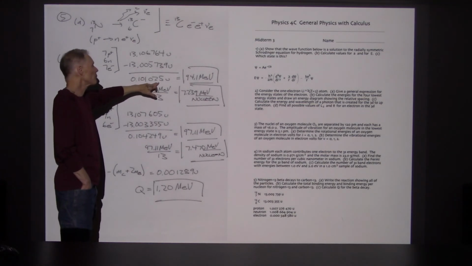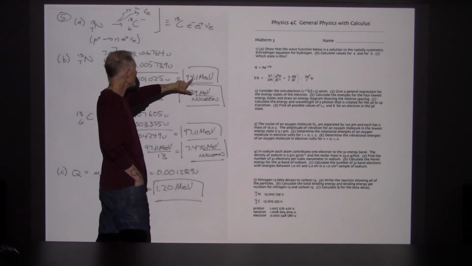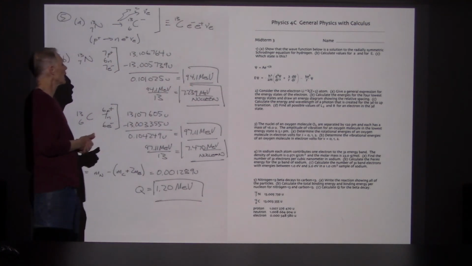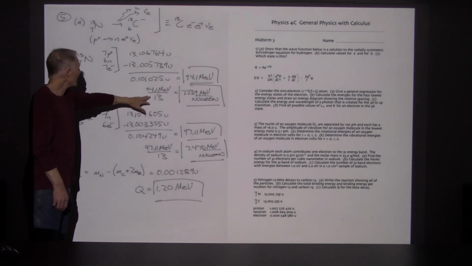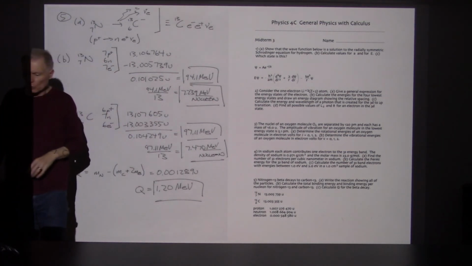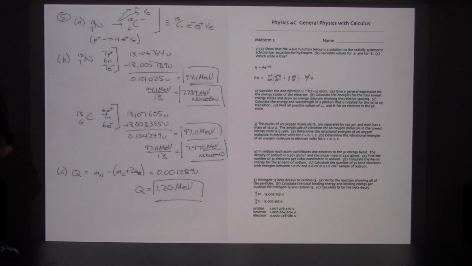Using the 931.5 conversion, that becomes 94.1 MeV total binding energy. And then if we divide through by the number of nucleons, that becomes 7.239. So that gives us an idea of whether or not we've made a mistake in the problem.